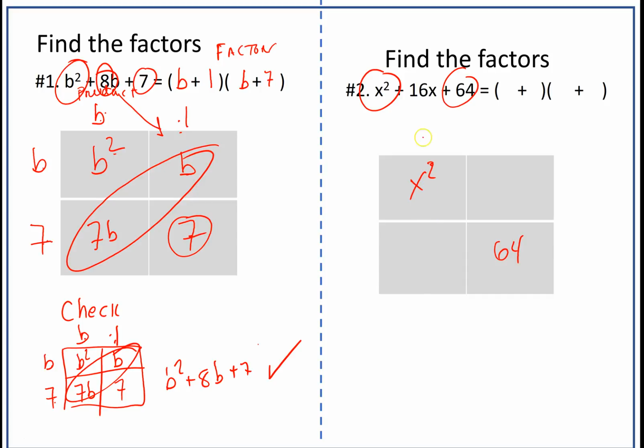All right. So here again, first step, x squared here, 64 here. I'm going to put it over here.